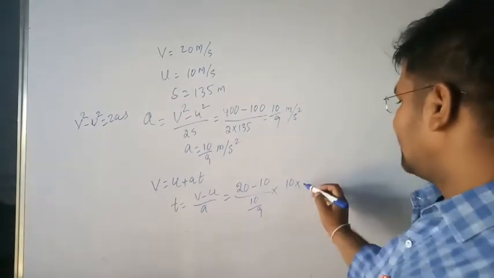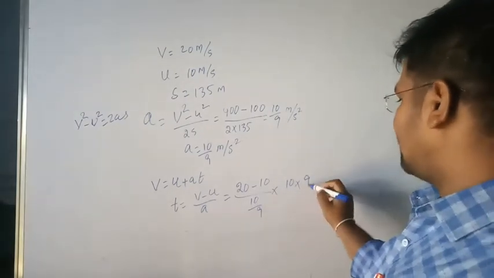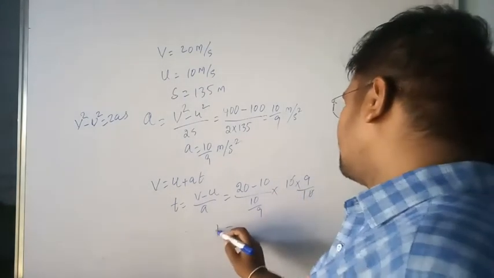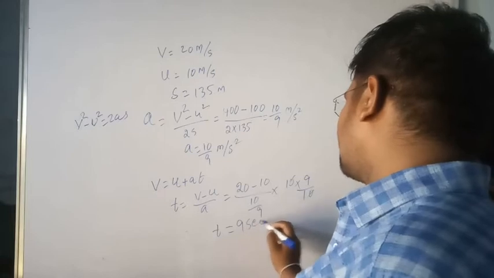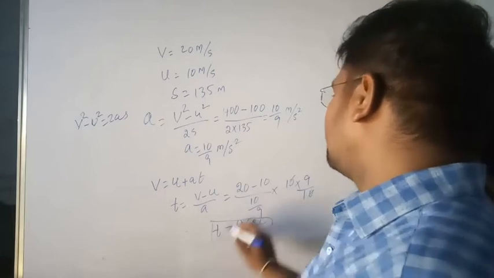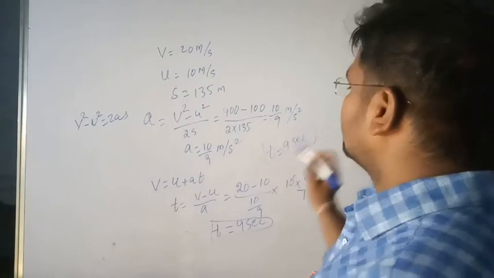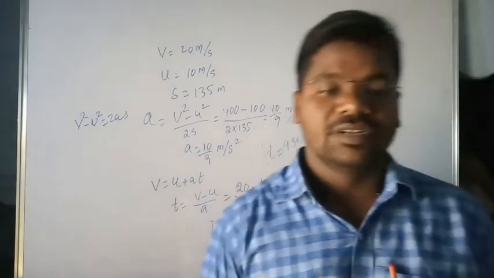So we get the reverse, the fraction is reversed, 9 by 10. Okay, so time is equal to 9 seconds. The time taken is equal to 9 seconds. Understand? Time t is equal to 9 seconds.